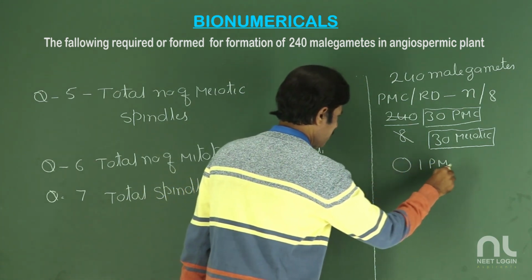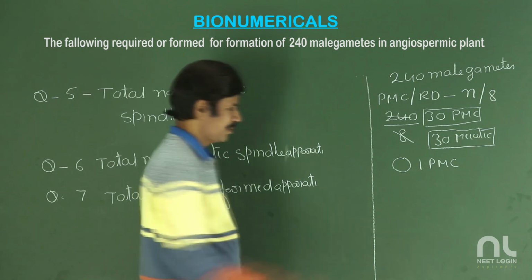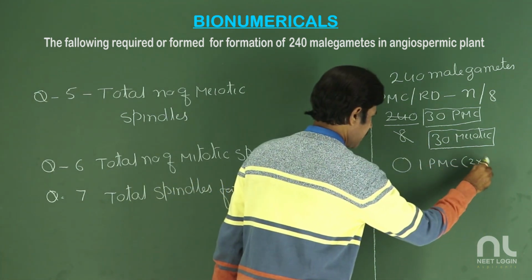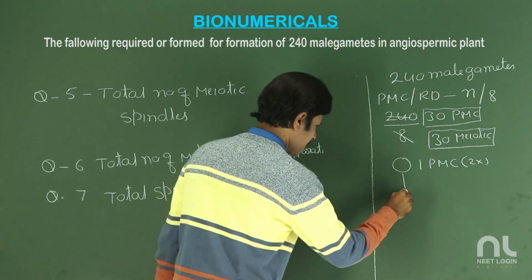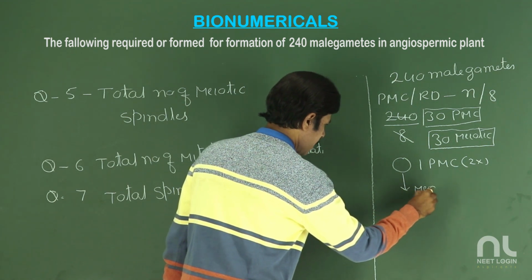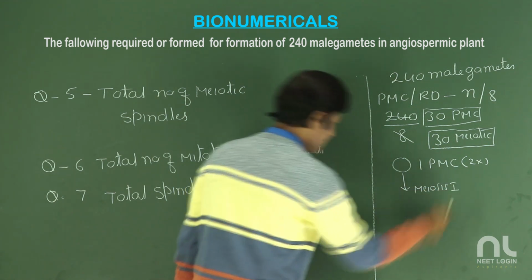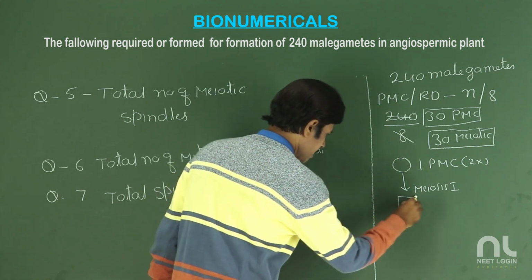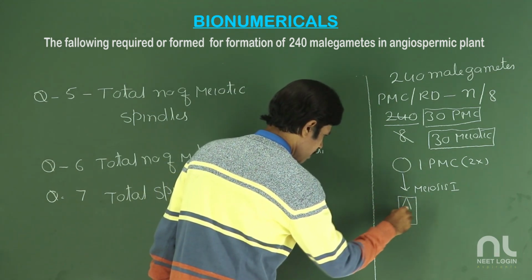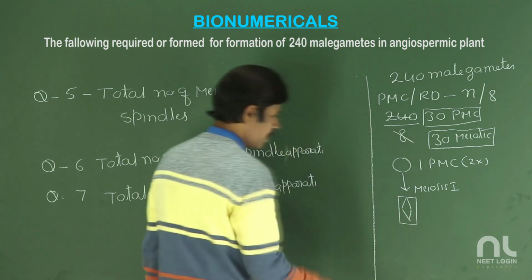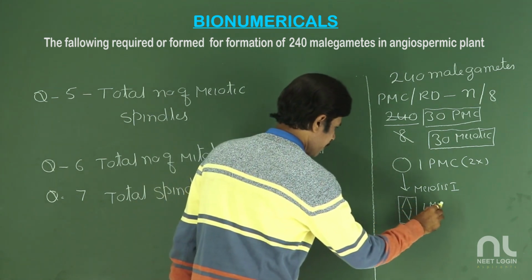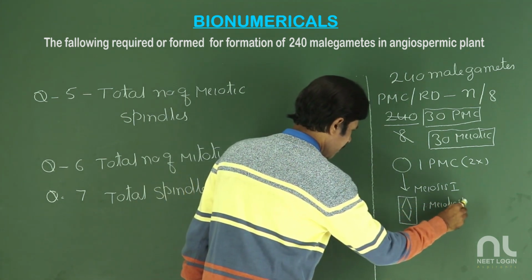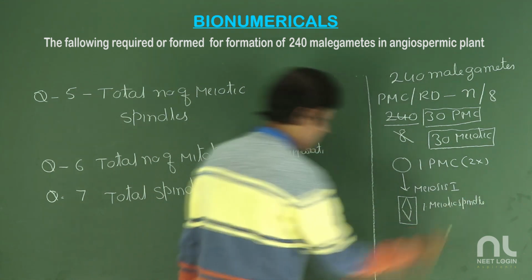One pollen mother cell is diploid. Meiosis 1: one meiotic spindle.